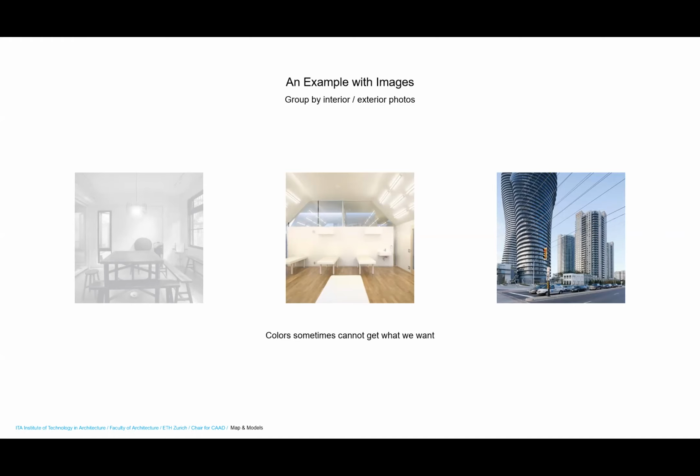I think this is a quite clear example showing that sometimes we can't get the actual result we want simply through colors, and we need something else. For example, we need to detect whether an image actually represents interior space, which means we need another level of operations. Similarly, with text, it makes no sense to compare two texts word by word.